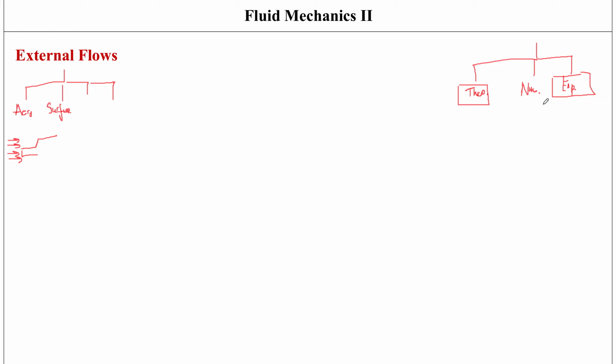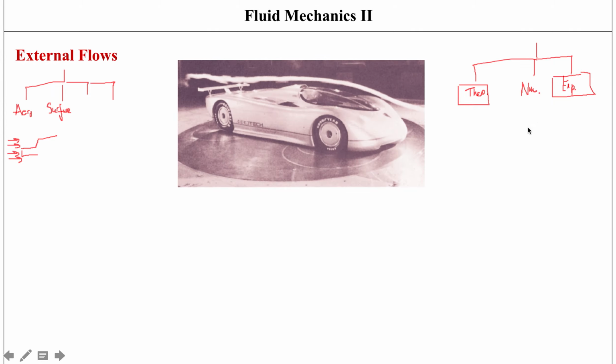We can test model airplanes, we can test buildings, we can test any kinds of objects placed within the external flow in a wind tunnel, right? So for example here, this is just an example for you to see how this car is being tested in a wind tunnel.